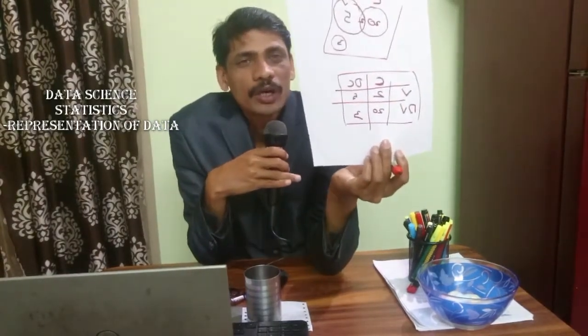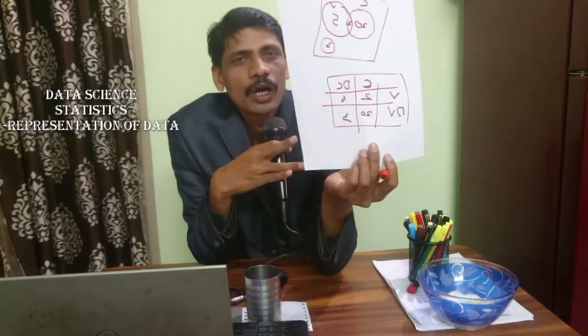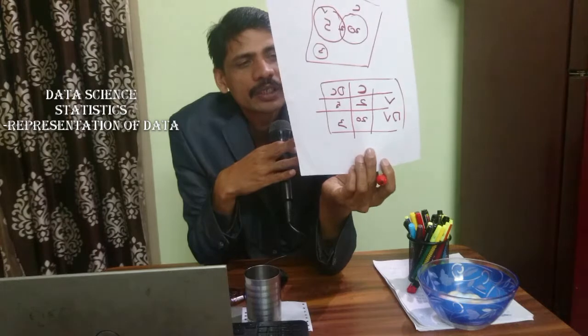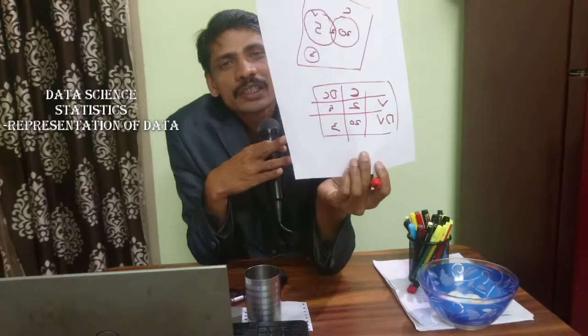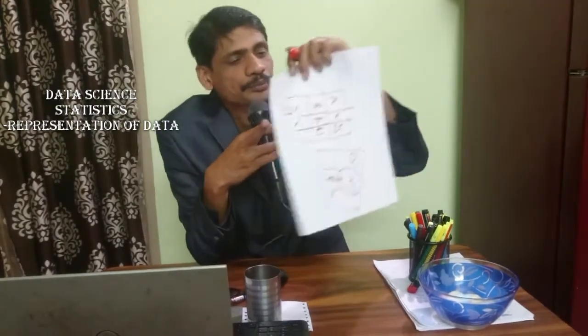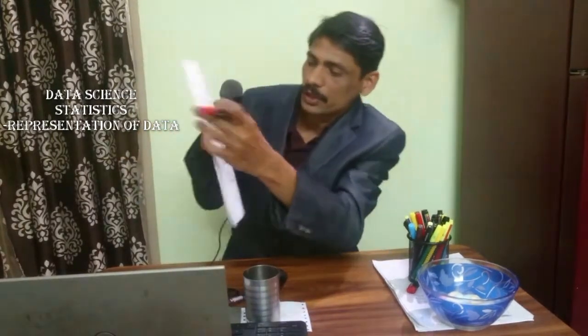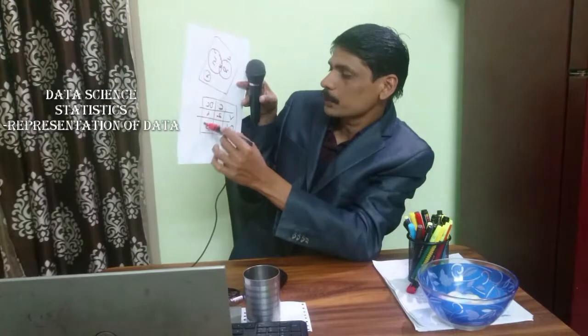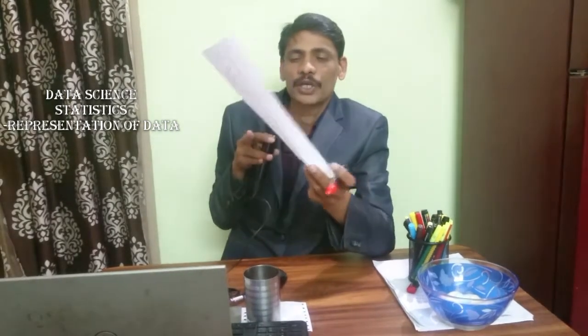By using this two-way format, instead of the Venn diagram, we can easily tell how many people don't want to play any of the games. DV and DC is this row. This cell represents the DV and DC, right? So this is one of the formats in which we can show our data.